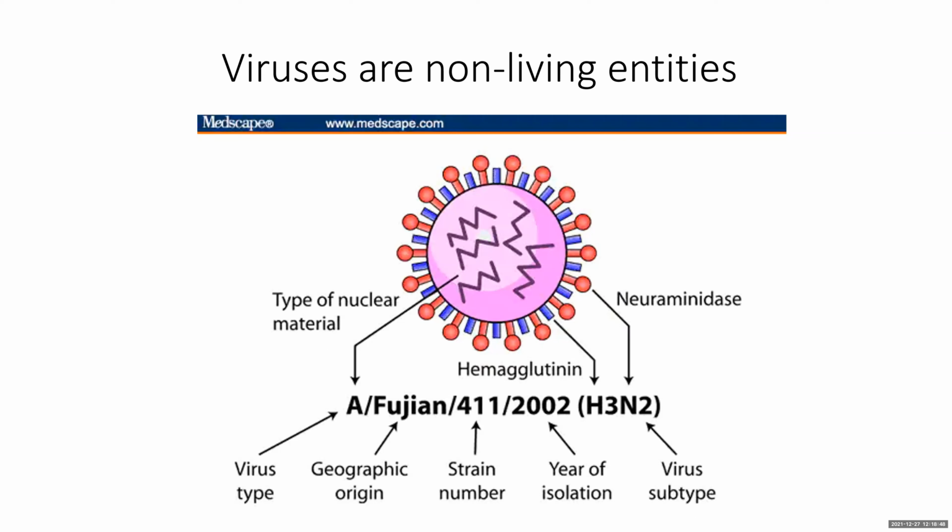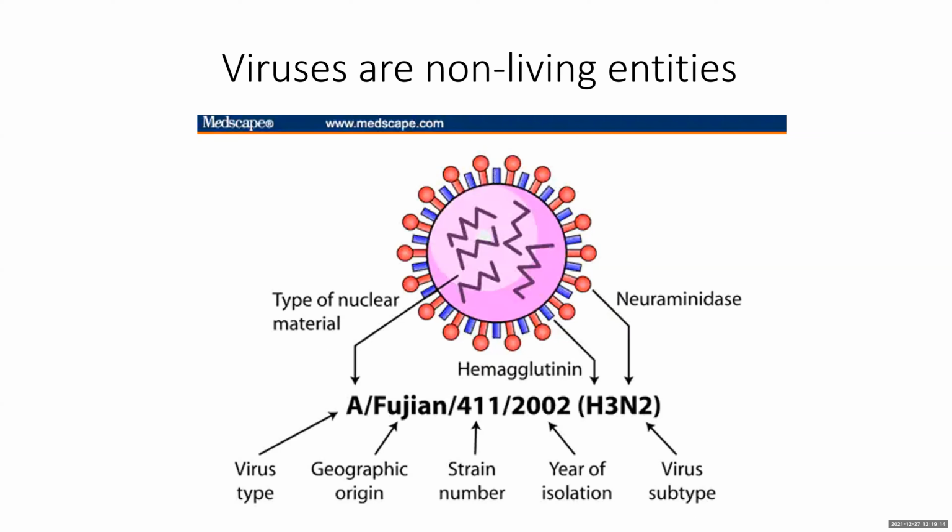And natural selection acts on viruses just like it acts on living things, that those individuals that have a mutation that makes them better able to survive and reproduce are going to increase in the population, right? So we do see adaptation among viruses, but they cannot reproduce, carry out metabolism or homeostasis on their own.